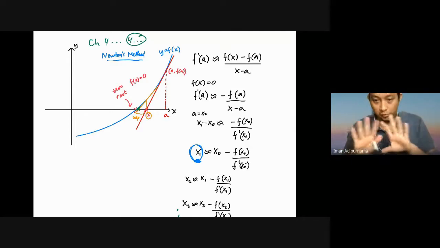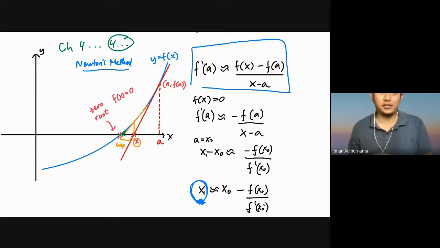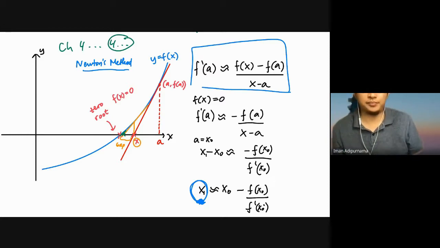Okay, I hope you get my point. And the whole chapter 4 is actually also related to linear approximations. It's related to this expression here. I will show you later in chapter 4.